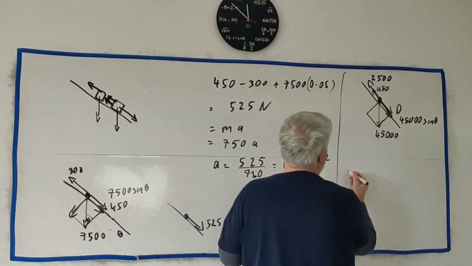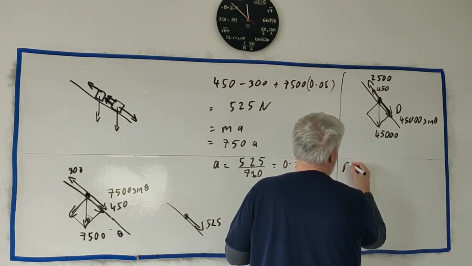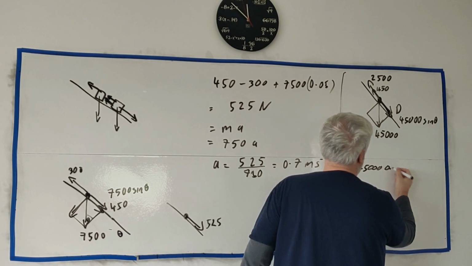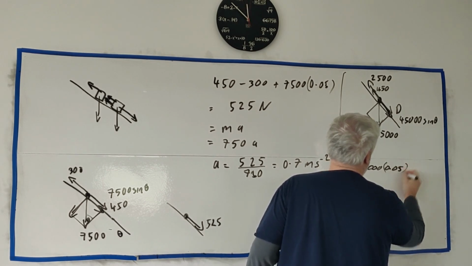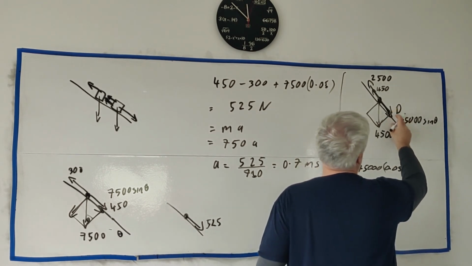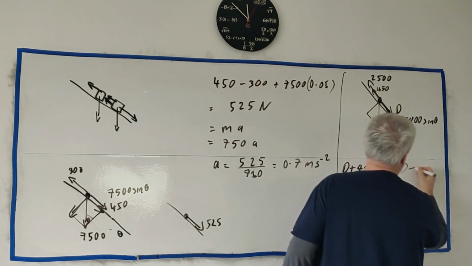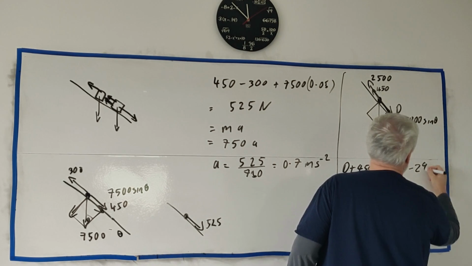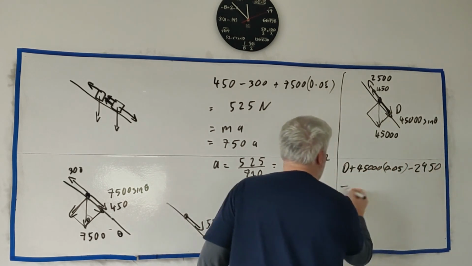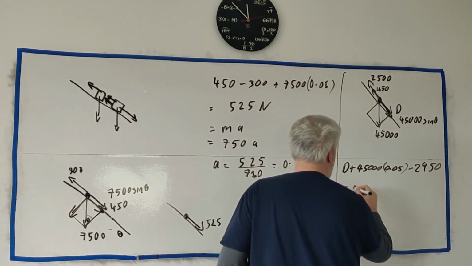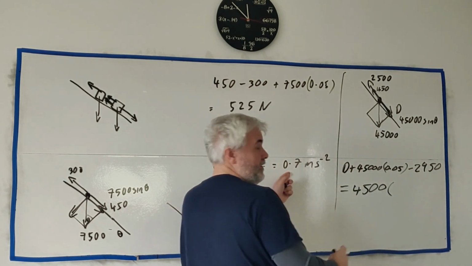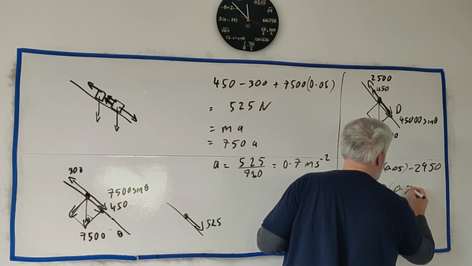So if we put all of this together, going down the hill, we get D plus 45,000 times 0.05. So that's those two minus, let's take these away together, 2,950. That equals MA. And M is 4,500 and A is the 0.7.